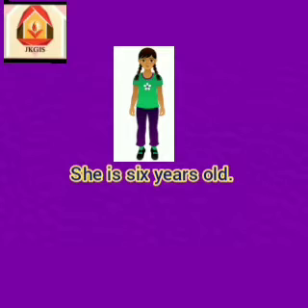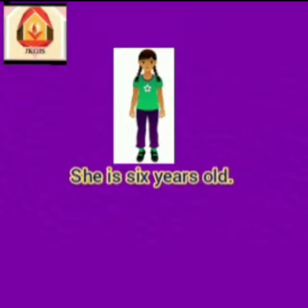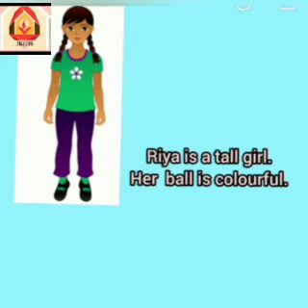Here, she is a pronoun that is used in the naming part of the sentence. Just like she, we have her, which is used in the telling part of the sentence. For example, Ria is a tall girl. Her ball is colorful. Here, her is a pronoun that is used in the telling part of the sentence.